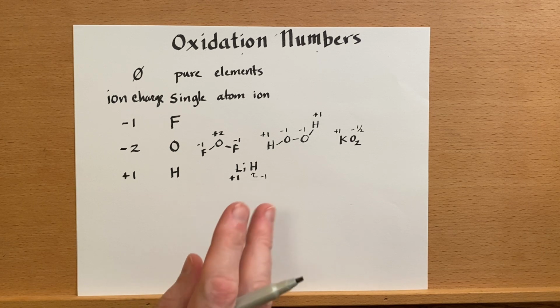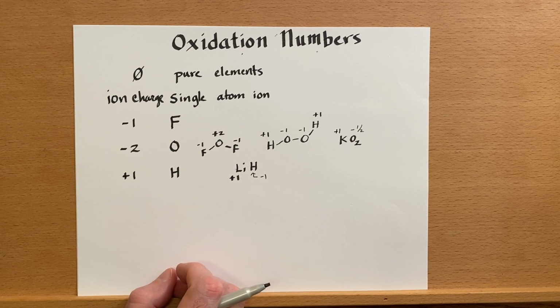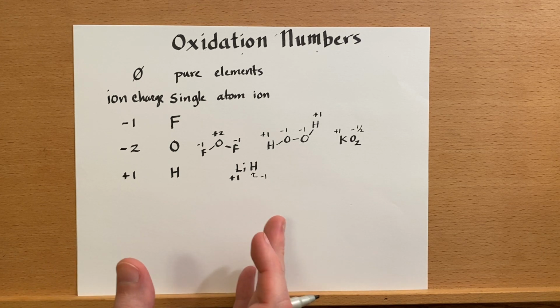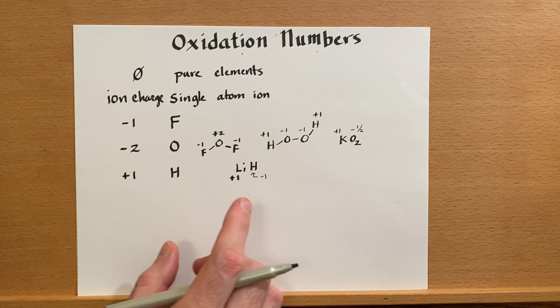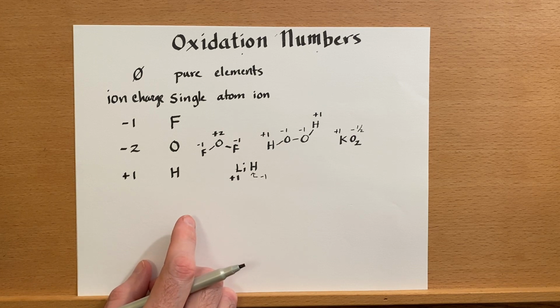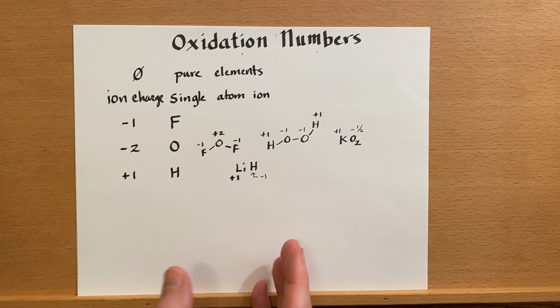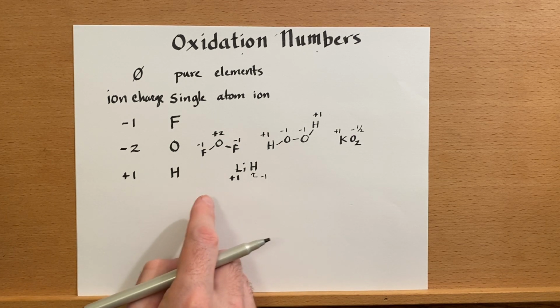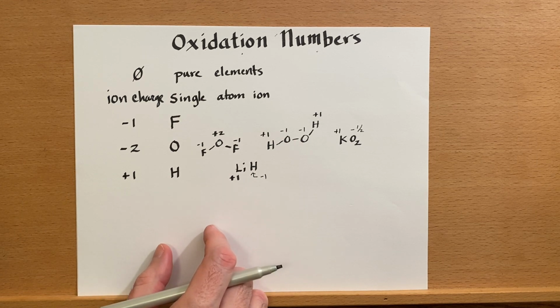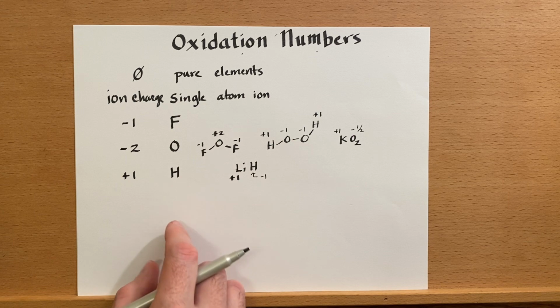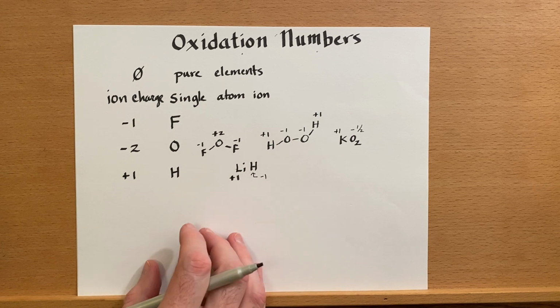Now, there are two other rules that you can really combine into one, and that is if we have a molecule or an ion, all of the oxidation numbers of each individual element inside have to add up to the overall charge of the molecule or ion.